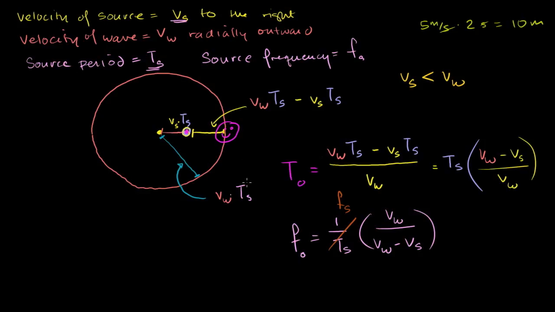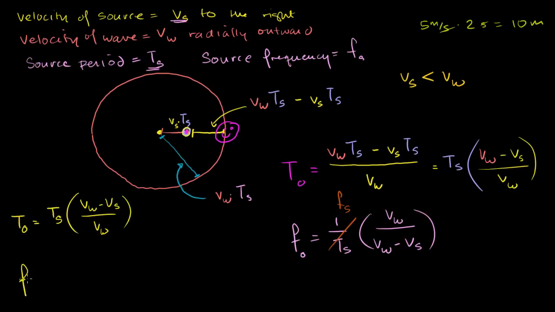We have our two relations, at least if you are in the path. If the velocity of the source is going in your direction, then we have our formulas. I'll rewrite them: the observed period of the observer is the period from the point of view of the source times the velocity of the wave minus the velocity of the source, divided by the velocity of the wave itself.